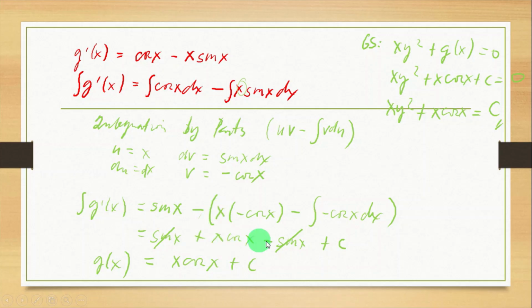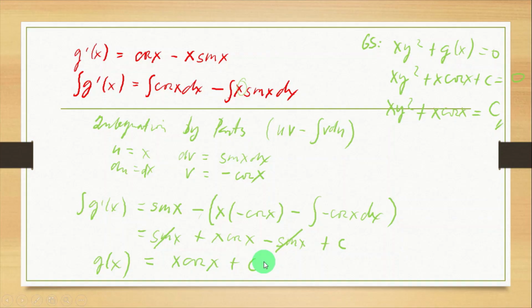So plus x cosine x minus, you multiply first your negative 1 by your negative cosine x. That will give you positive cosine x. But you're getting the integral of cosine x, that will give you negative sine x plus c. You can cancel out sine of x and negative sine of x. You're left with your g of x is equal to x cosine of x plus c.